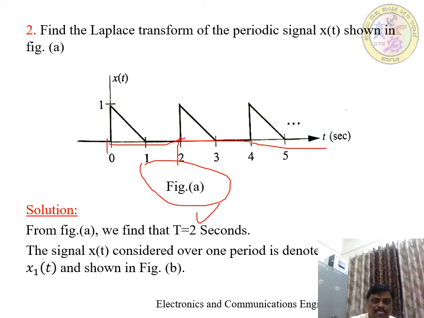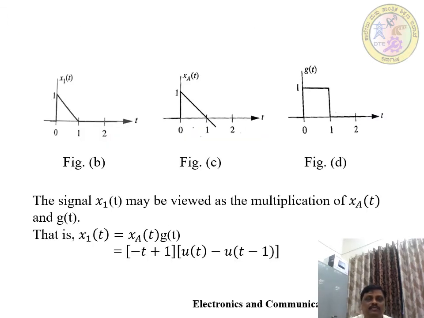Right? Now, this function x of t will be represented as shown in the next figure. We can see here x1 of t, from 0 to 2, its magnitude here is 1, which is mentioned here, right? xa of t is this, and g of t is there.